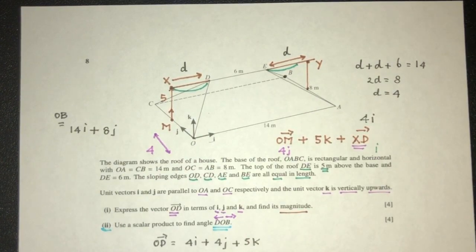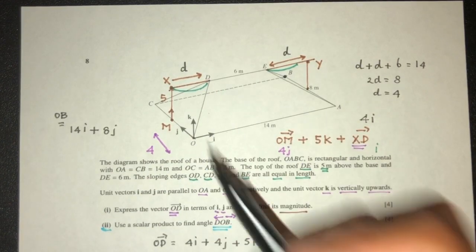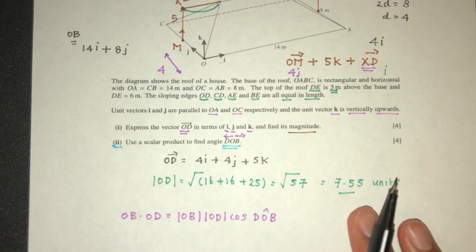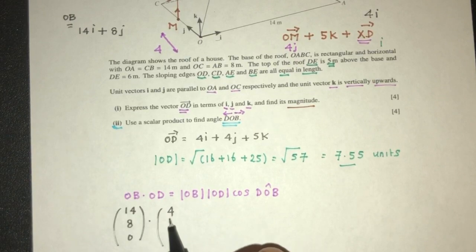That is OB. Now we have to find OD. O going to D we know already, it is right here. So let's write this down. OB was found to be (14, 8, 0), dot OD (4, 4, 5), equal to the length of OB, pretty easy.